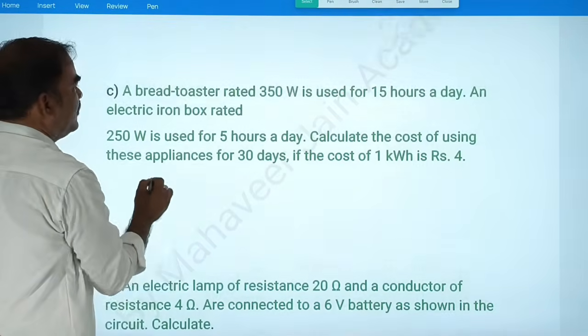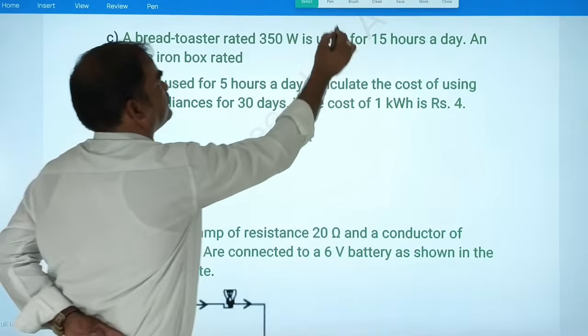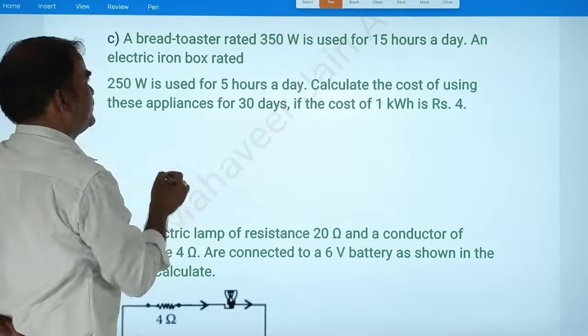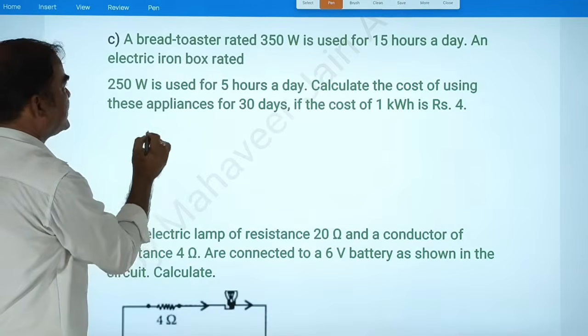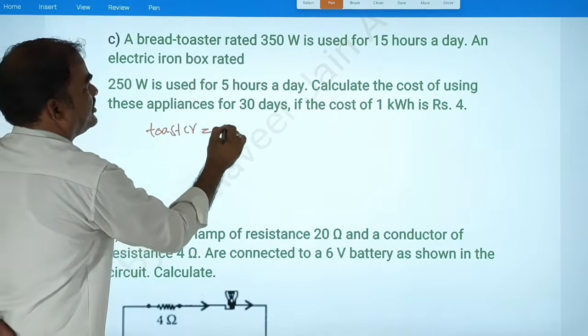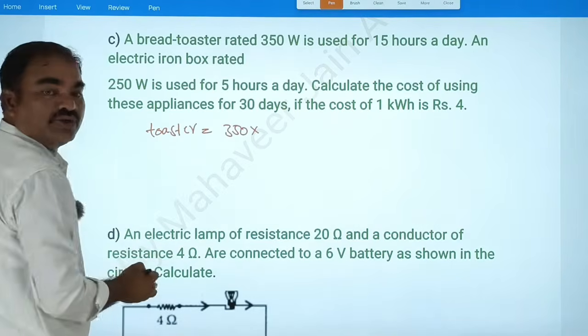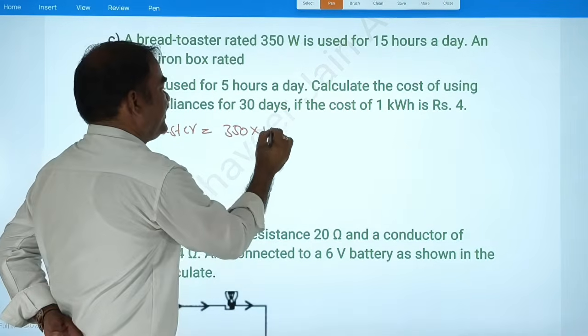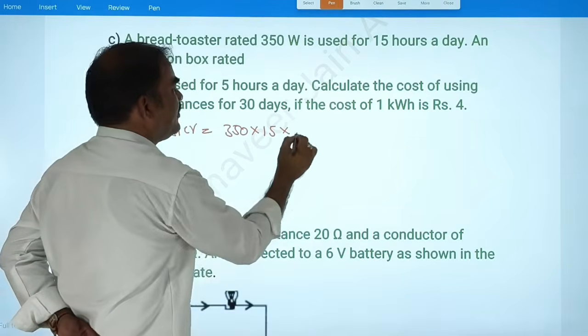So first, for the toaster, 350 watts into 15 hours into 30 days.